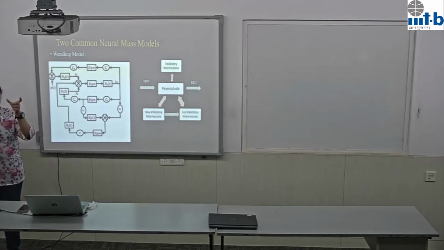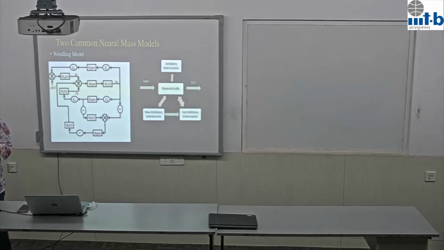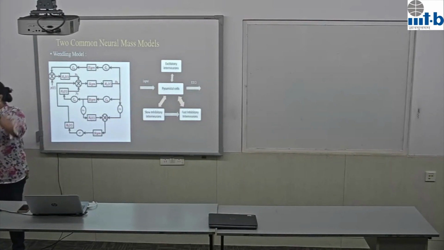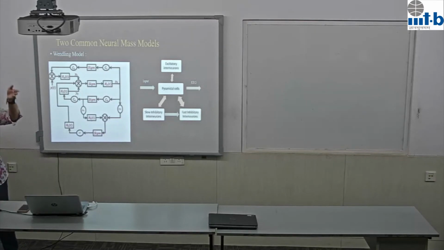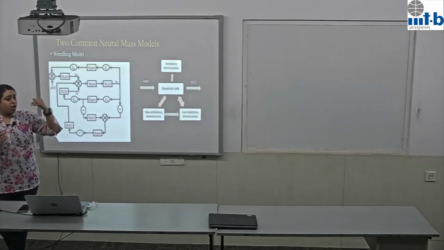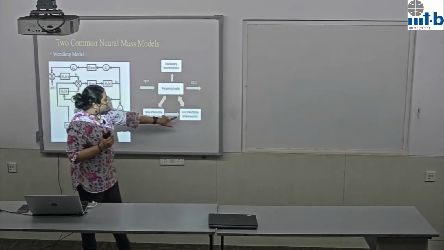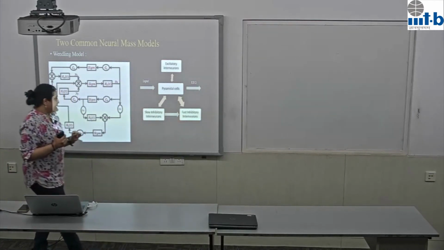So there are two different types of inhibitory neurotransmitter. Whichever inhibitory neurotransmitter is present near the soma has a faster activation and a faster decay rate, while that near the dendrite has a slower activation and slower decay rate. That is why there are two types of interneuron present here.